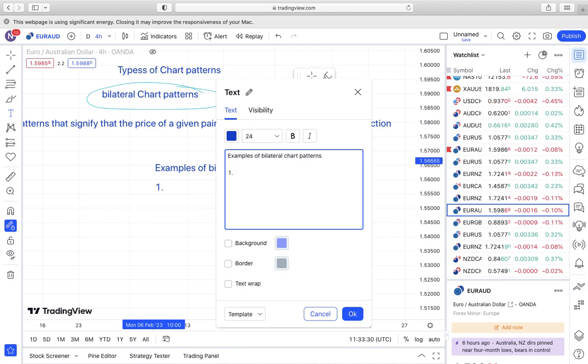Number one, we have what we call the ascending triangle. Then we have another one called the descending triangle. Then we have another one called the symmetrical triangle.